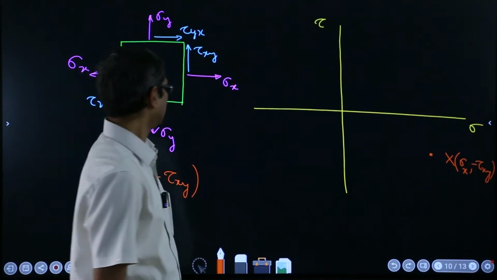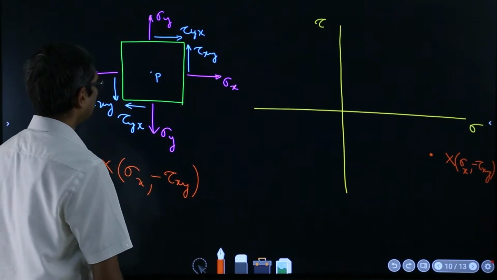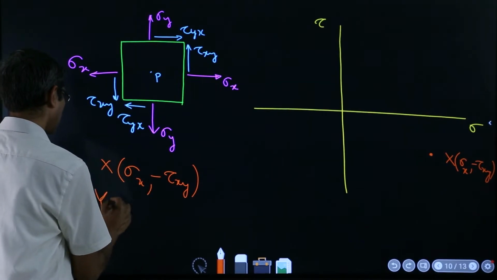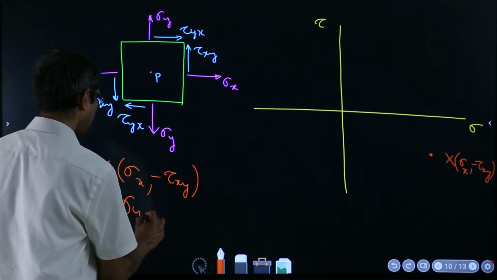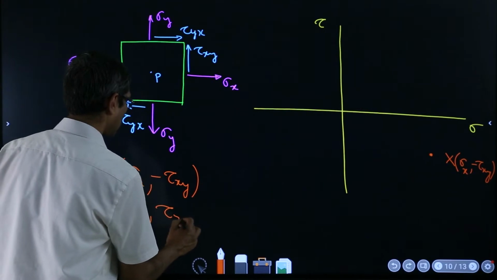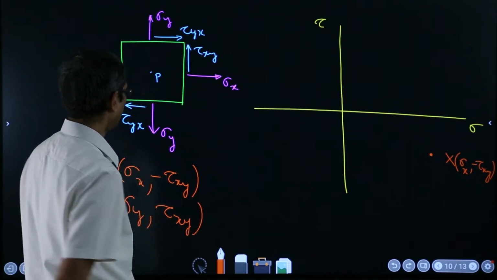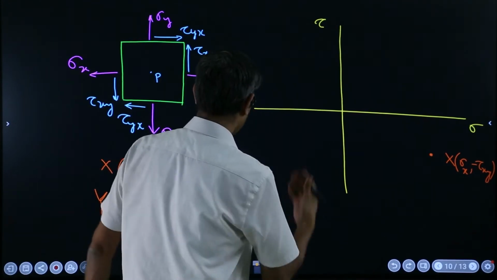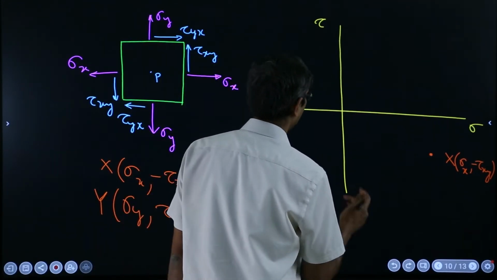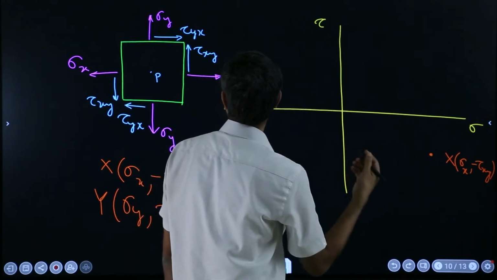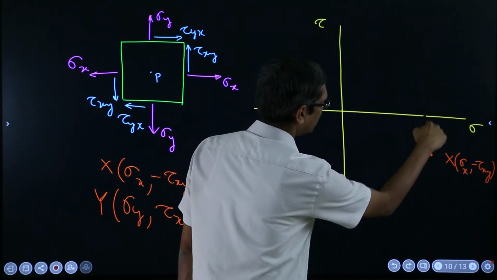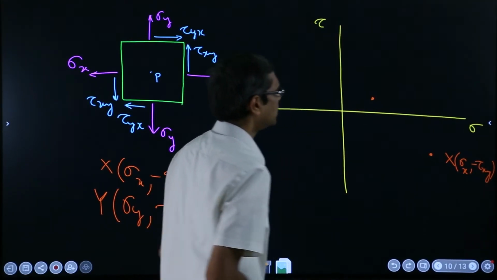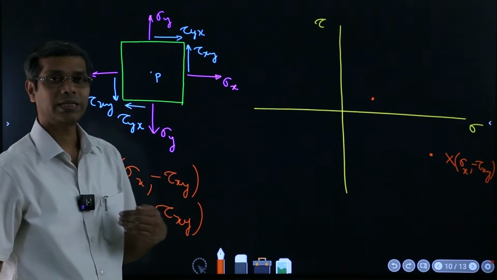Then you plot the point y, given by sigma y and tau xy. Without loss of generality, I can assume sigma y is less than sigma x, and still I am considering sigma y to be tensile.